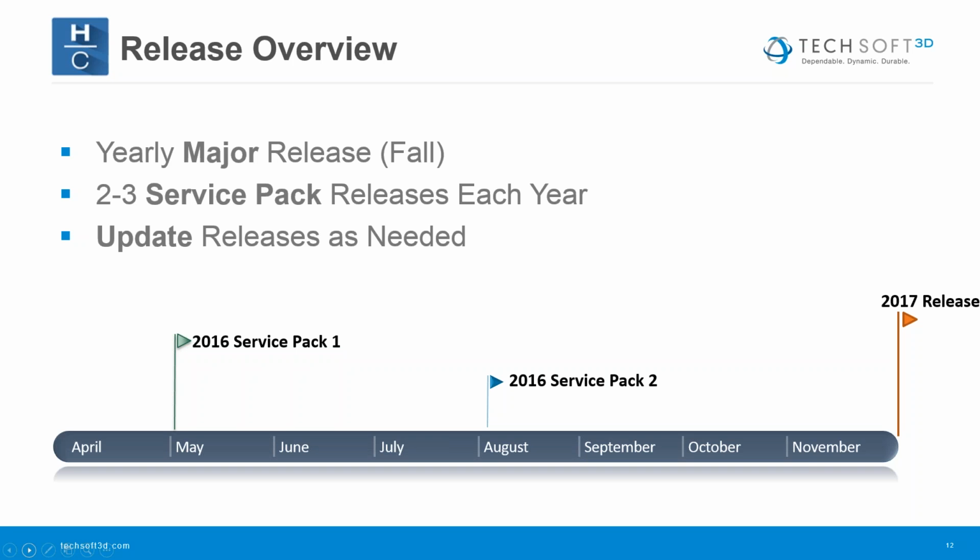The next service pack is currently planned for the 5th of August, and then the next major release with a major set of new features will come out in early December of this year. That will be Communicator 2017. And then as needed and based on demand, we're also going to have update releases in between.